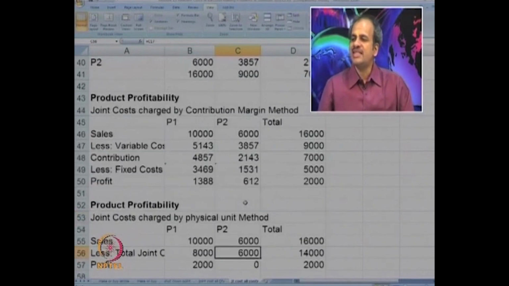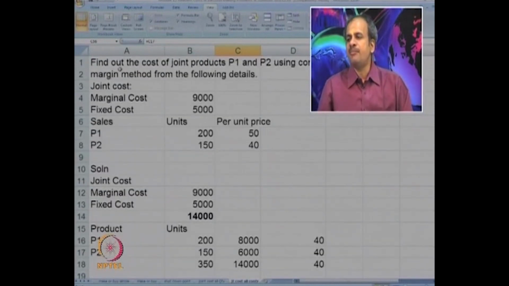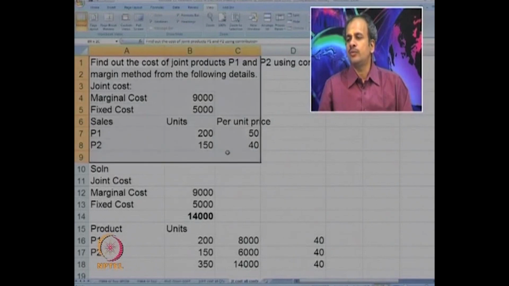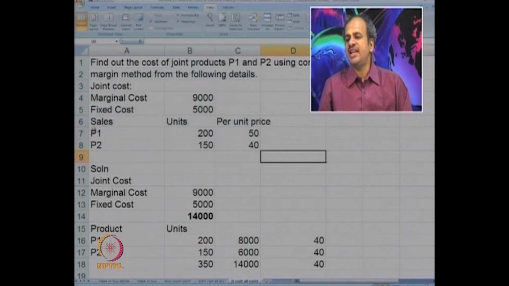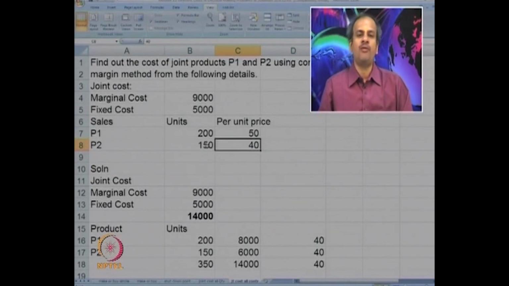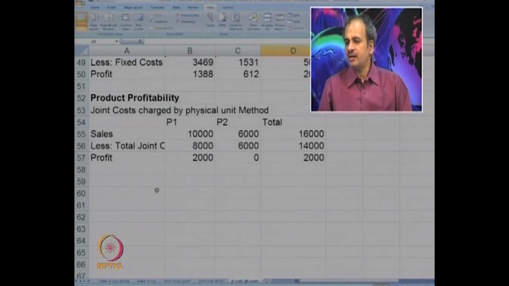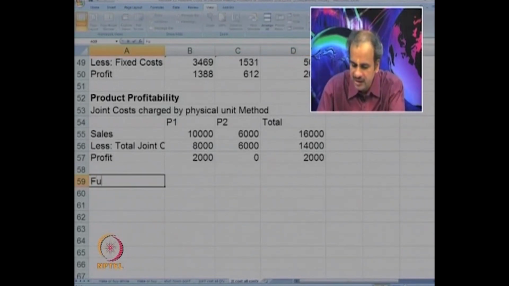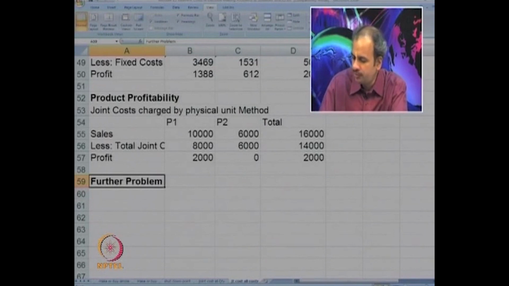Okay, I will give you an example. Let us extend this example. These facts continue. Now, what is further given is that instead of selling P1 at 50 rupees and P2 at 40 rupees, it is possible to sell the advanced version of P1 and P2. I will write it specifically so that it is clearer. We are adding a further problem.